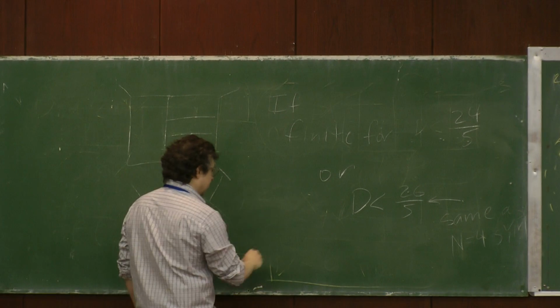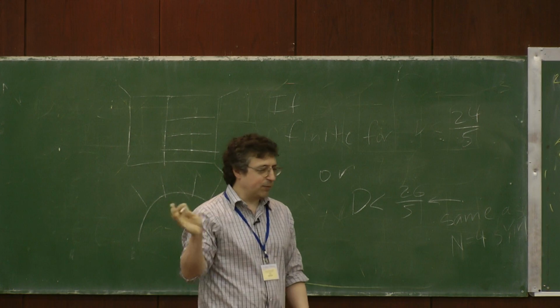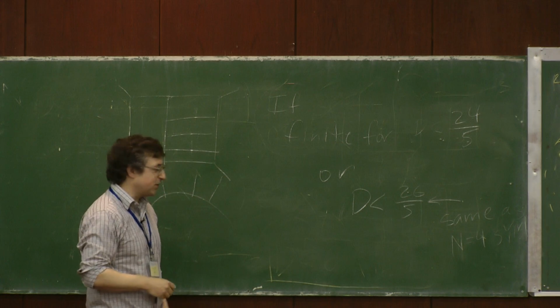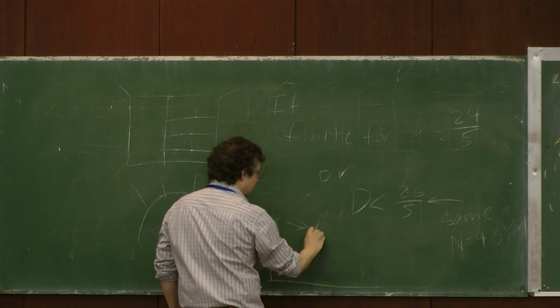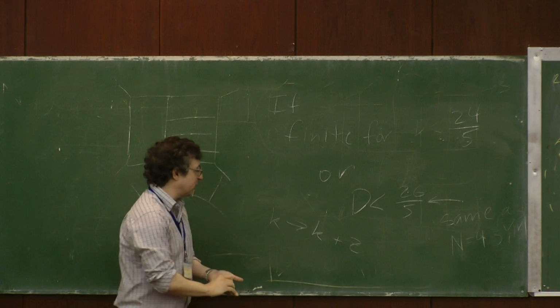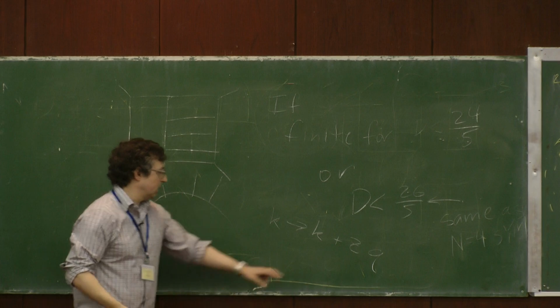And then Nima was talking about shifts. Okay, I'm going to shift momenta. Nima would shift spinors, but shifting momenta and shifting spinors is the same. Let's just shift momentum. K goes to K plus Z times something else. Let's call it Q, right?